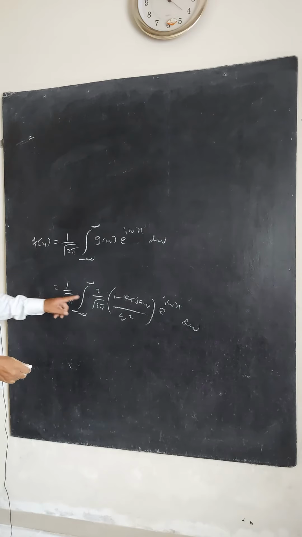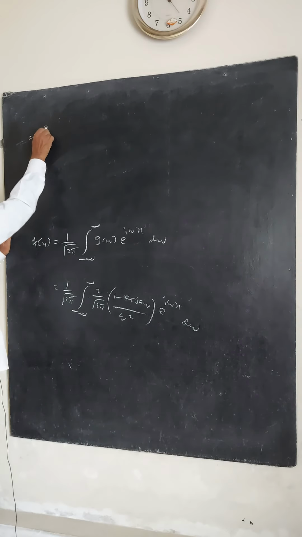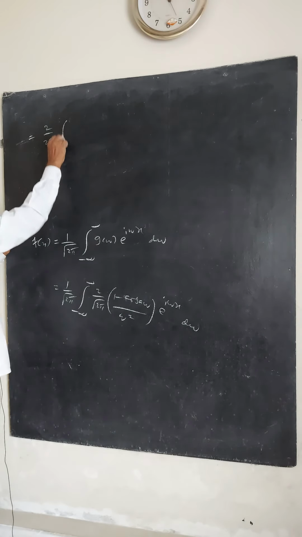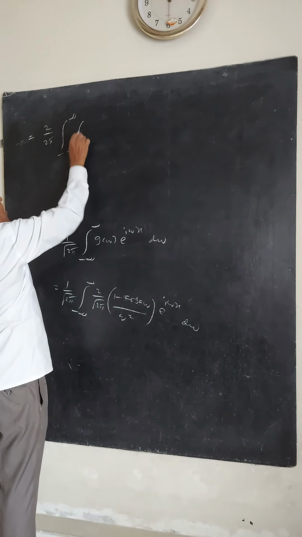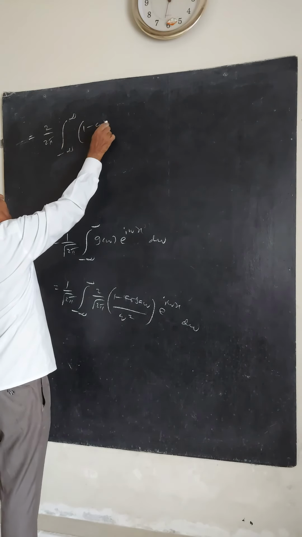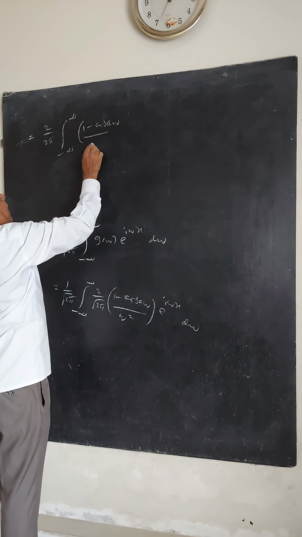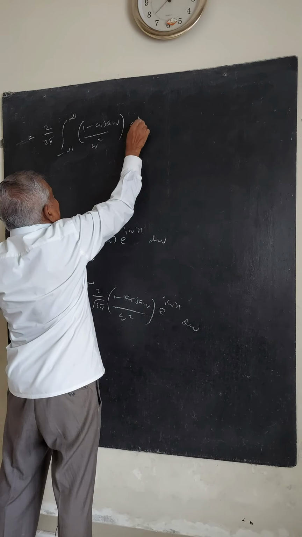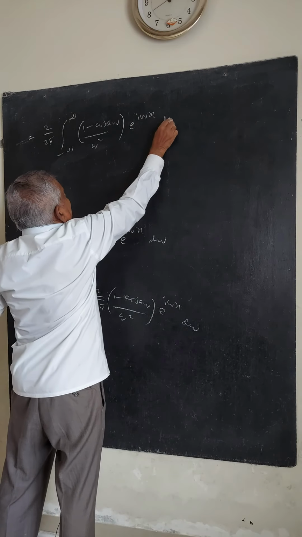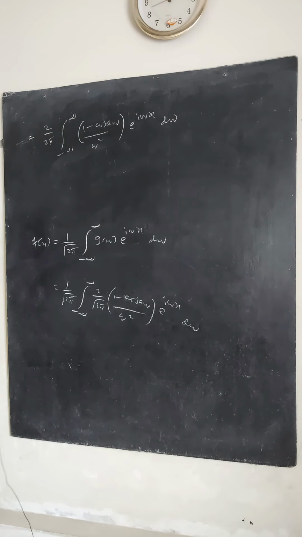This 2 comes out, root 2 by 2 pi, minus infinity to plus infinity, (1 minus cos a omega) by omega square e power i omega x d omega.